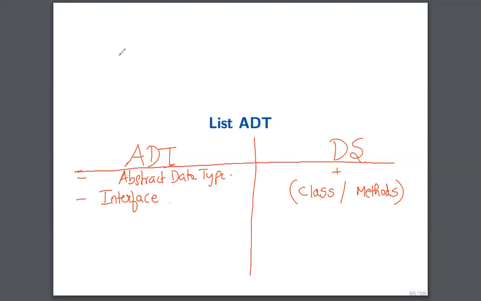An interface is a collection of method names or function names. Suppose you have an interface and then you have function names like A, B, C, that's it.